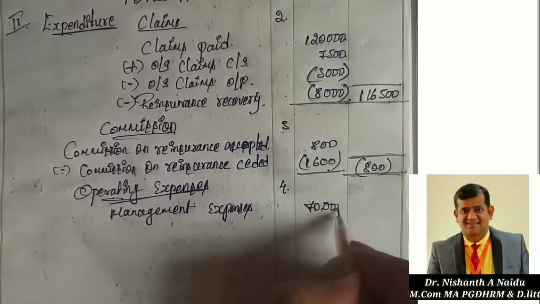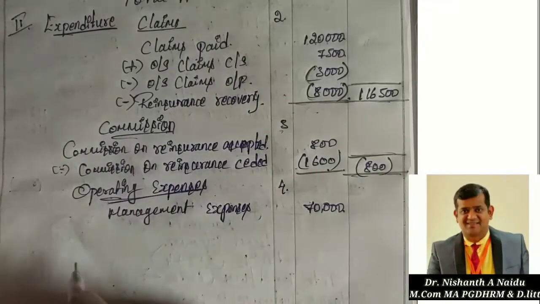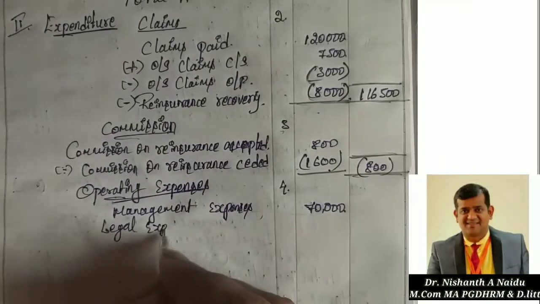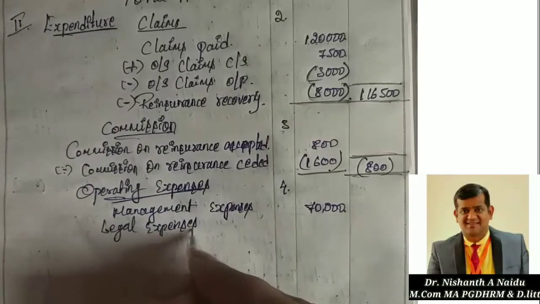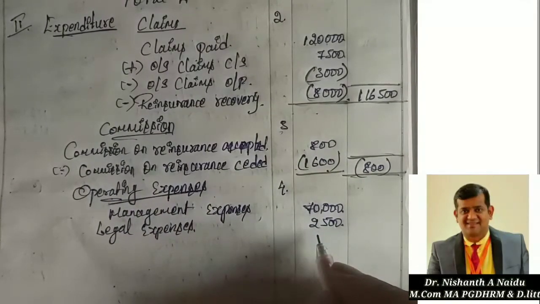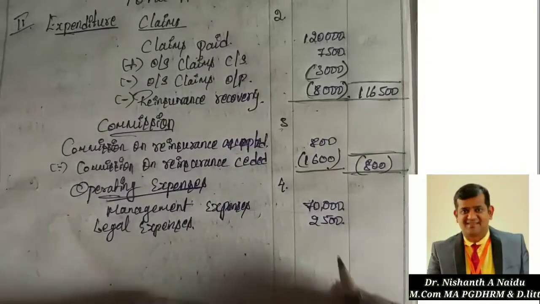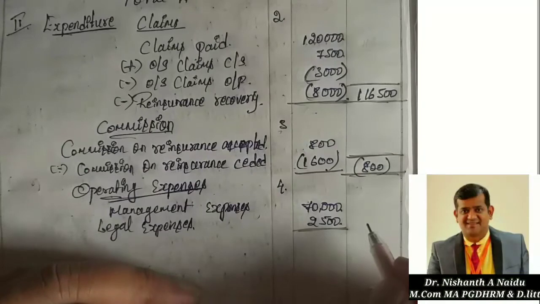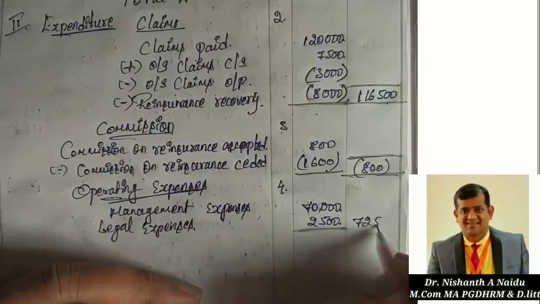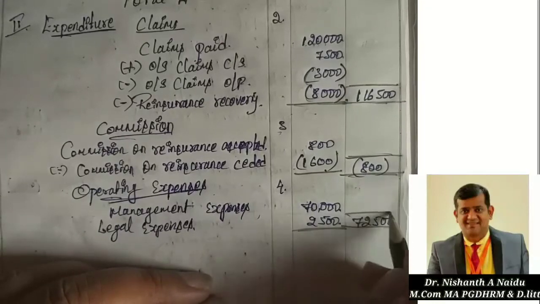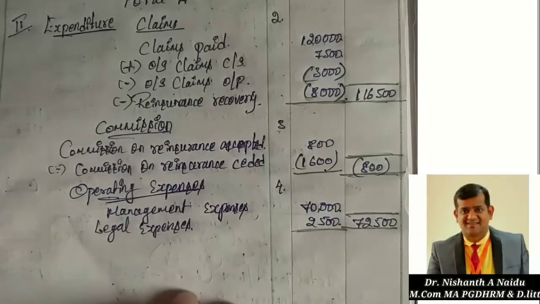Then we have one more expense, that is legal expenses. So how much legal expenses? 2,500. So total it. You are going to get 72,500. So this is going to be the total of schedule number 4.